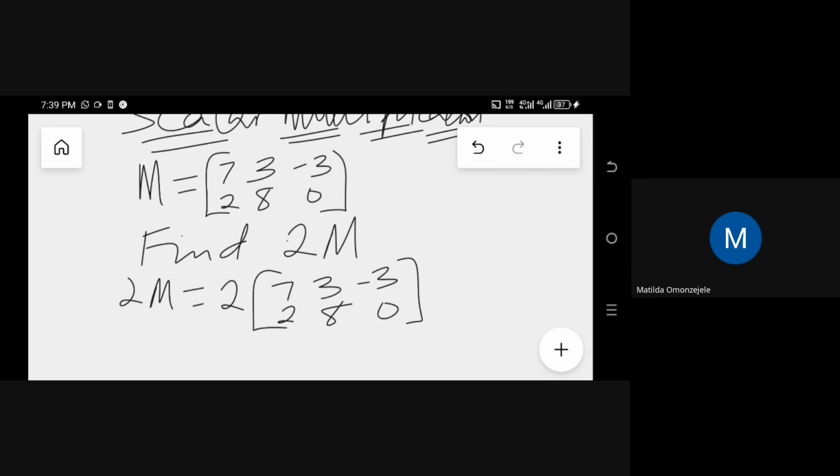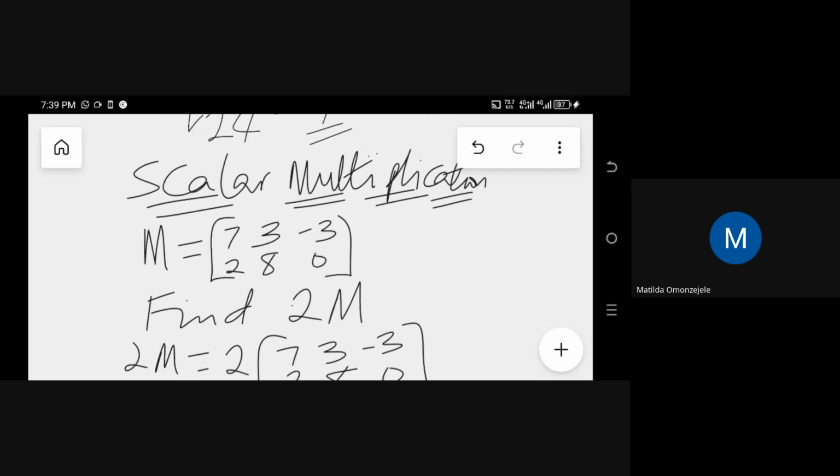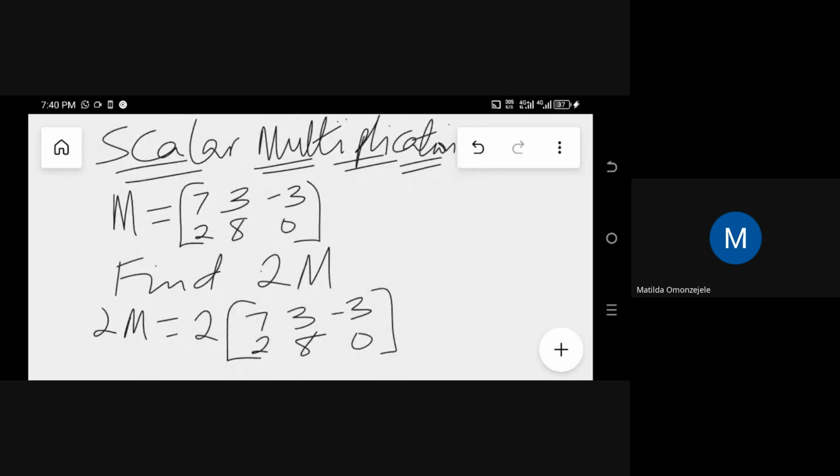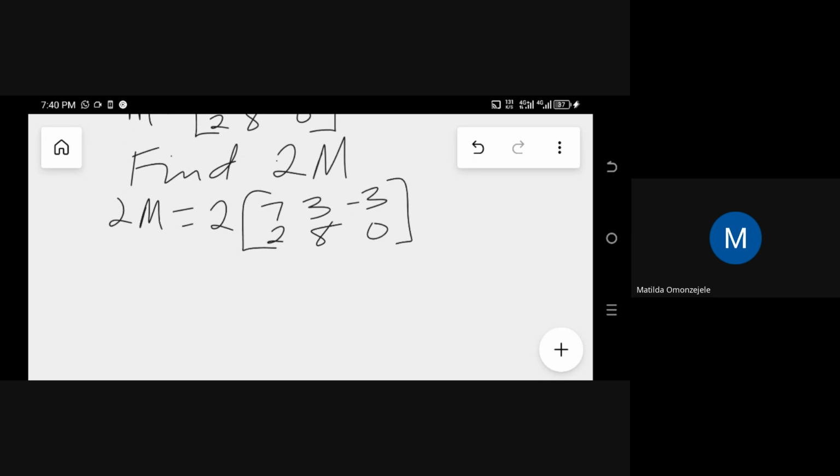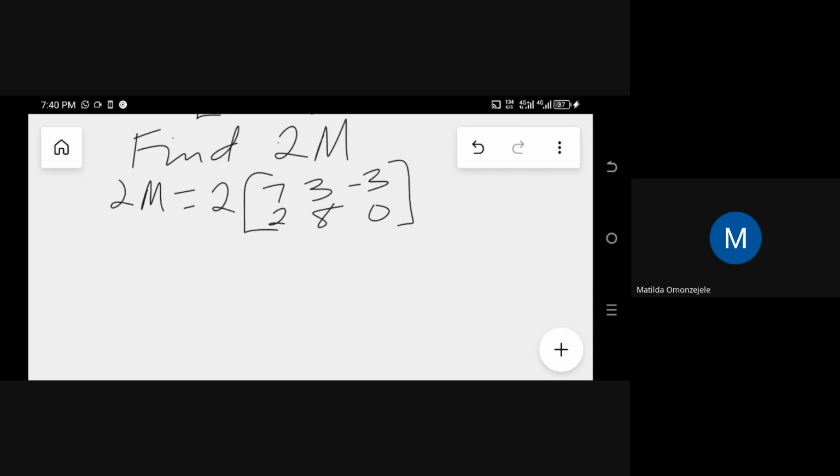Now find 2M. 2M would be you using the scalar 2. That's scalar multiplication. You'll be using the scalar 2 to multiply this matrix. That's why I wrote it this way. What this does is that the scalar 2 multiplies each element in the matrix.